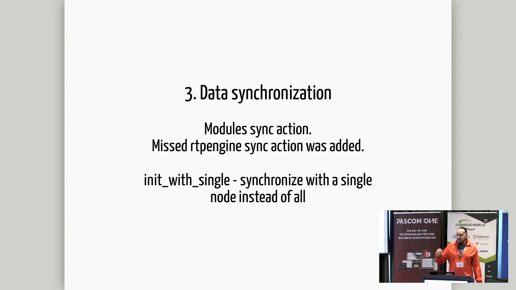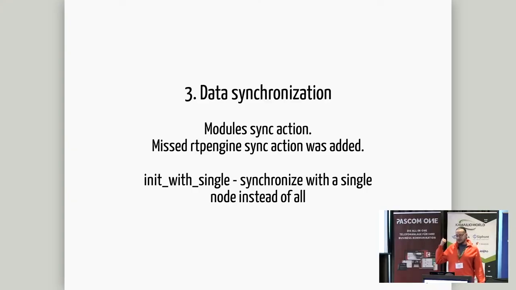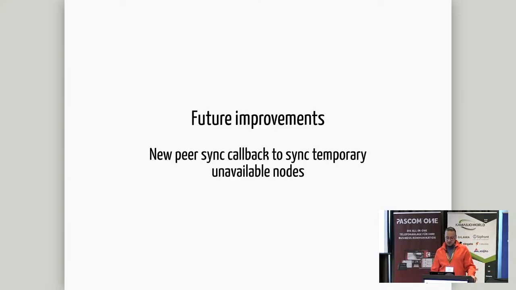Because if everything is fine with the cluster, then each node has the whole state of the cluster, and you need to synchronize with just a single node. This synchronization is done on initialization of Kamailio. So this option, init with single, was added, and it is already in master, so you can try to use it.